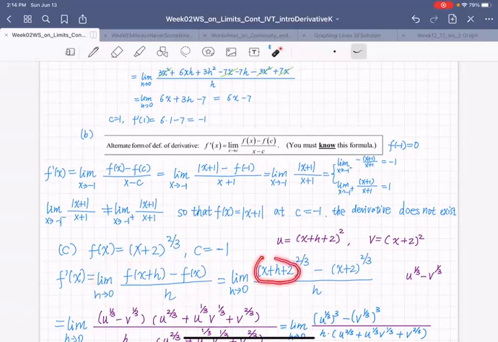So basically it's this, and we want to calculate this guy's limit. How do we calculate the limit for this guy? This looks very ugly, right?